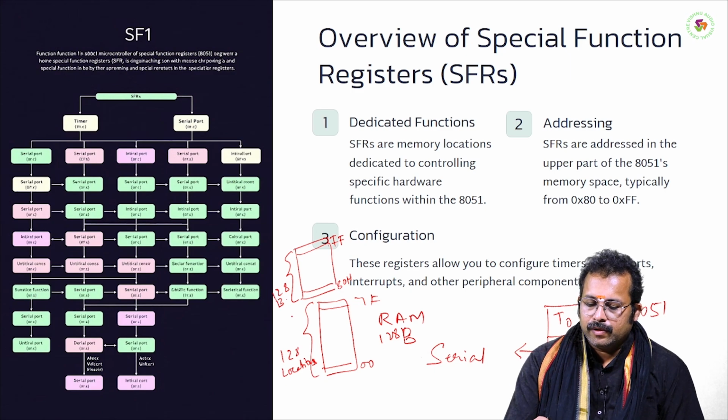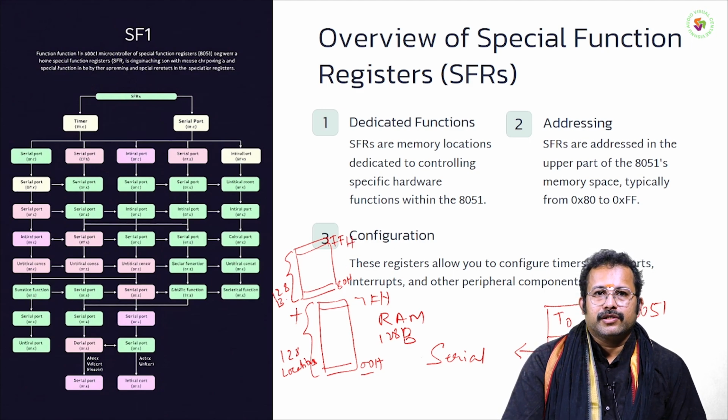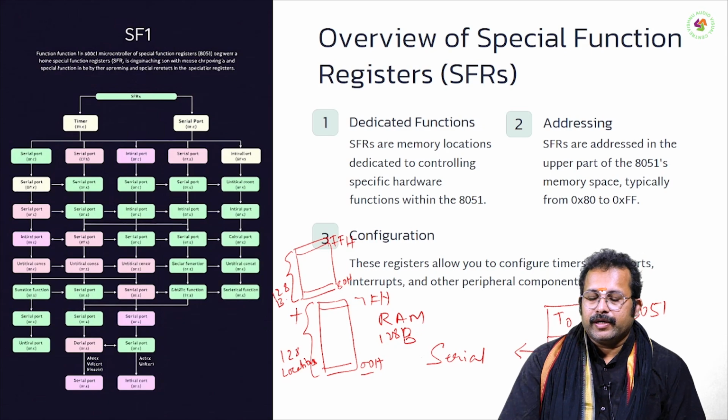These two: the first one, 00H to 7FH, is 128 locations, that is 128 bytes of memory, and 80H to FFH is another 128 locations, that means 128 bytes. One memory location can accommodate 1 byte of data.